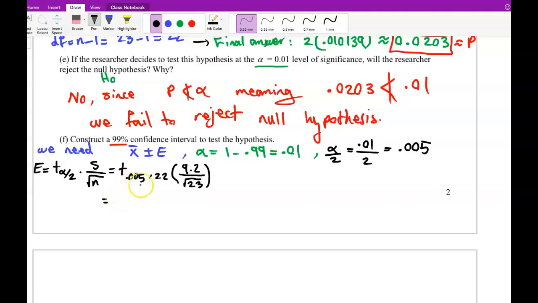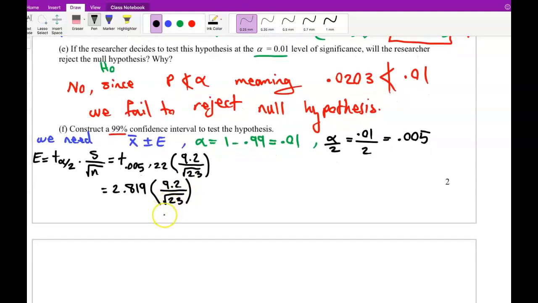For this part, t is 2.819. We had this part before, how to find the answer using a calculator. Multiplying, the answer rounded is 5.408.